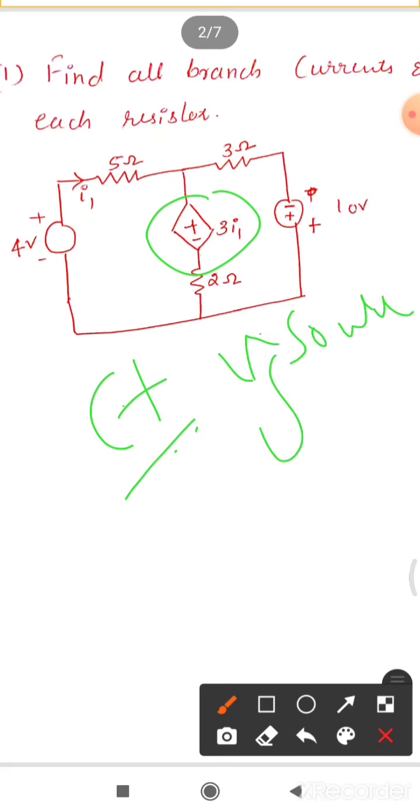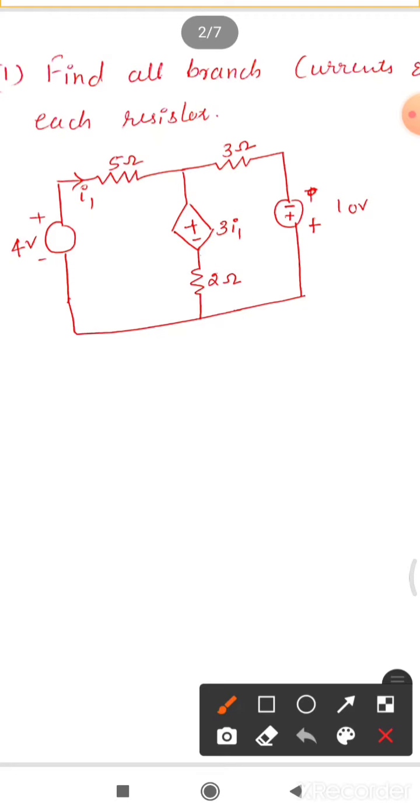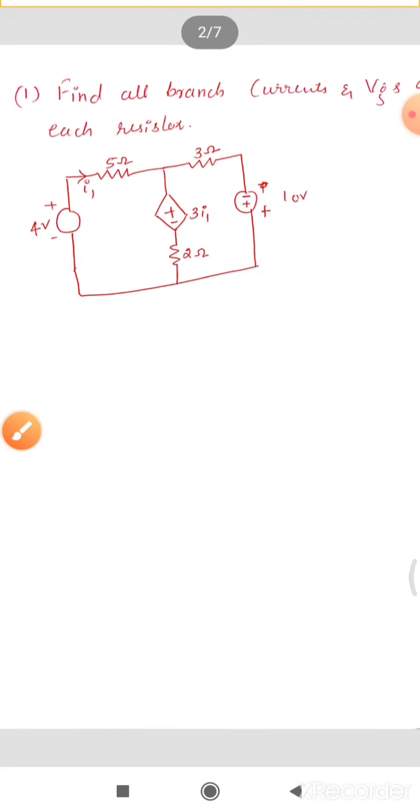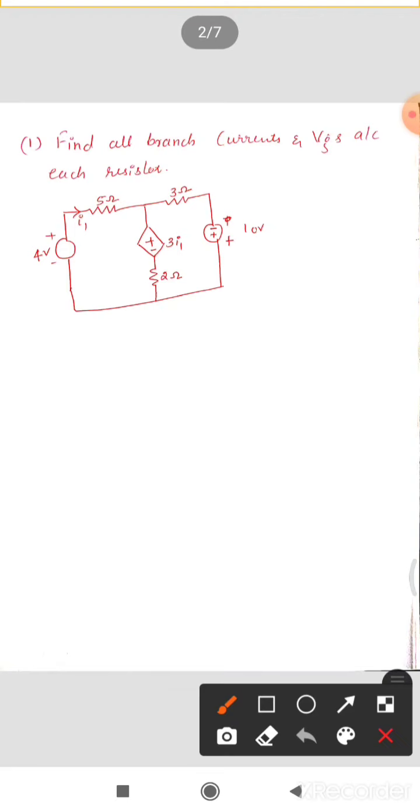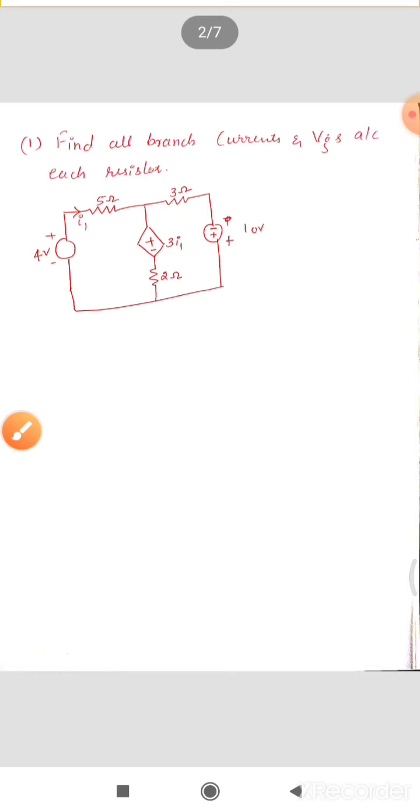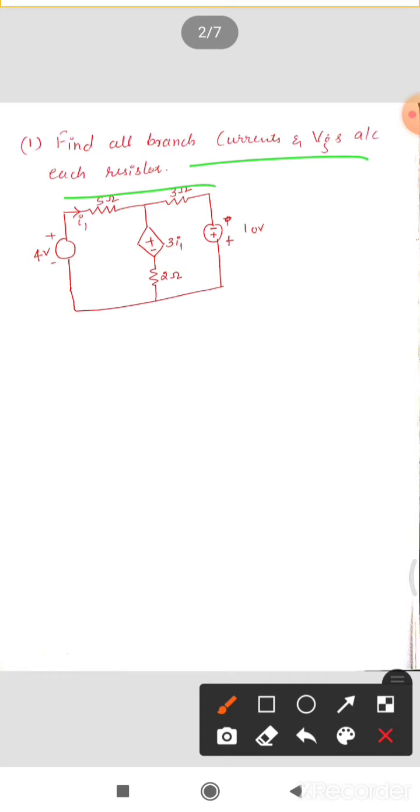When you are taking KCL or KVL, or applying any method, you have to consider it as a voltage source only, and we are supposed to find out the controlling element later. So let's find the branch currents and the voltage across each resistance.